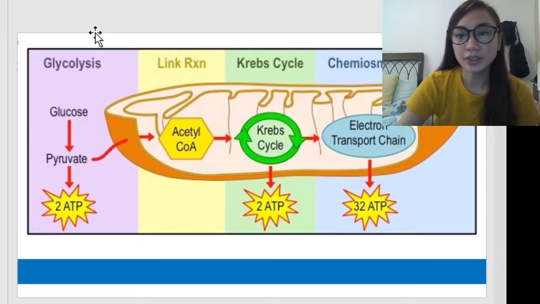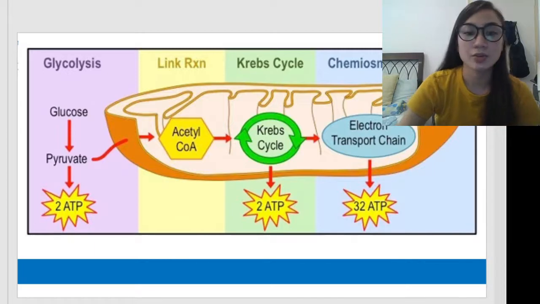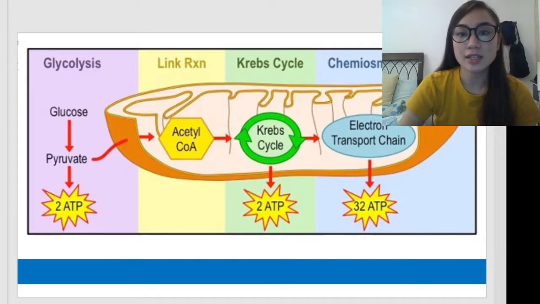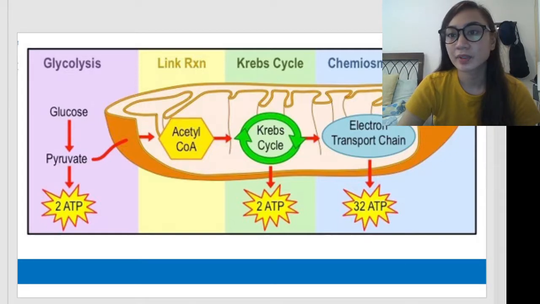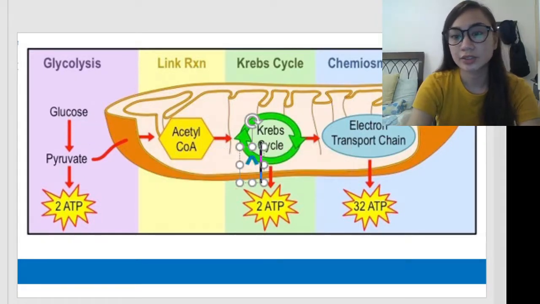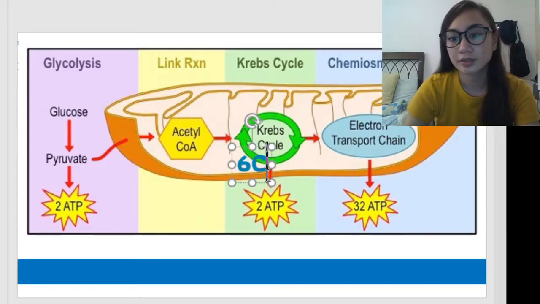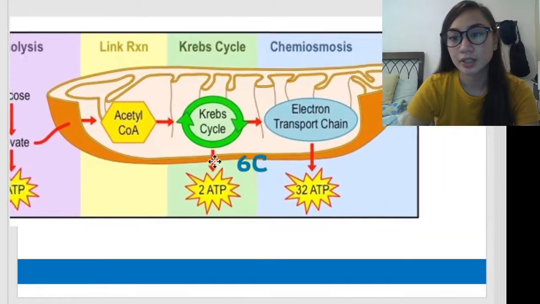So, ang glycolysis natin is the breakdown of glucose to 2 pyruvate. So, ang glucose natin is a 6-carbon atom. I will put here a reference lang, para makita nating lahat. So, 6 carbon.